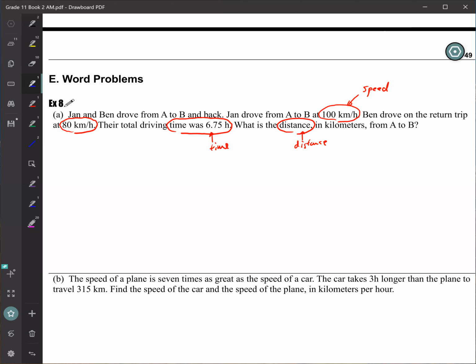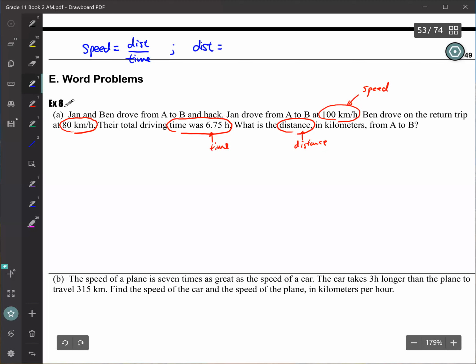Okay, let's write that down first on the top. Speed is distance over time. And how do we find distance? Anyone know the formula for distance? Well, you already have the first one: speed is distance over time.